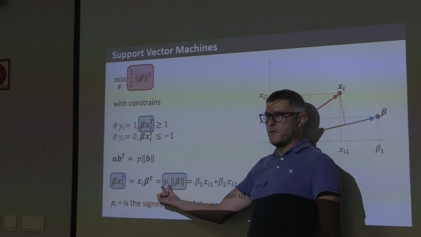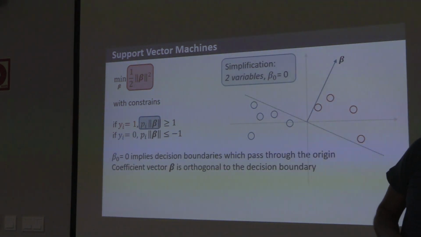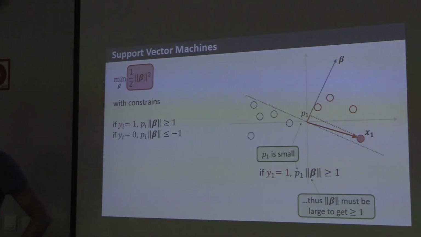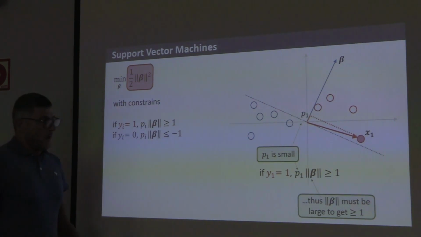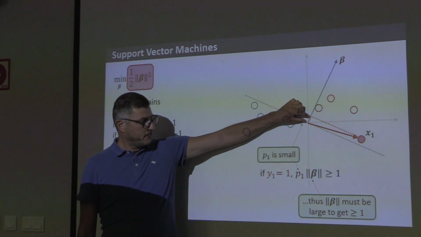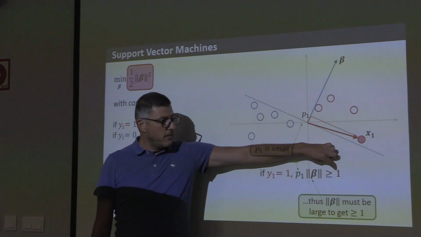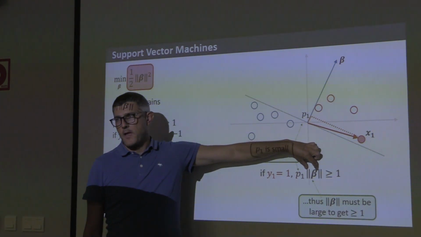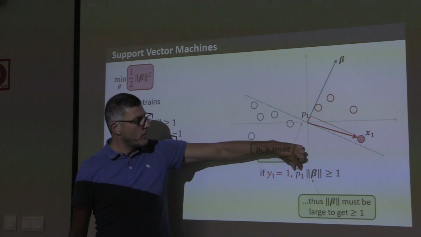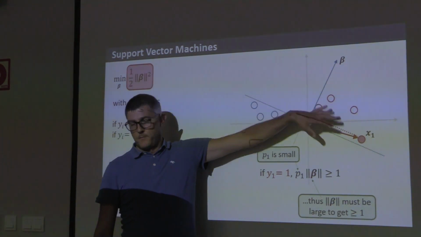That means that this projection must be high, which from a geometrical point of view is the opposite of this situation. Here, for this sample, the projection is very small, so in order to have this higher than 1, this should be very, very high. But we want the opposite. We want to force these projections to be high, which means having a better margin.